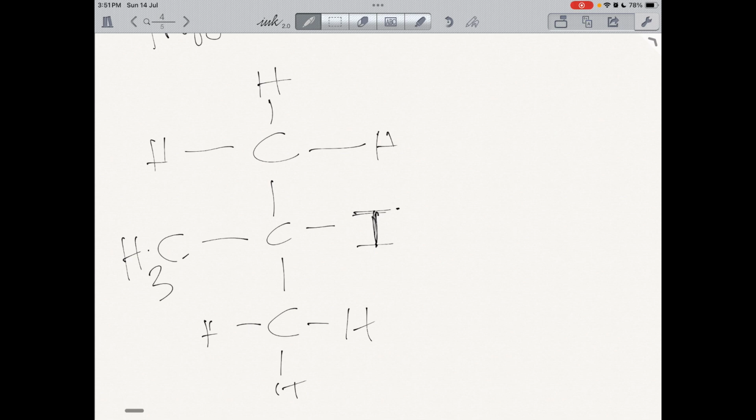What is the common name, first of all? Jesse, you want to try again? Propyl iodide. Obviously, you were not counting. How many carbon atoms do you have in this compound? 1, 2, 3, 4.